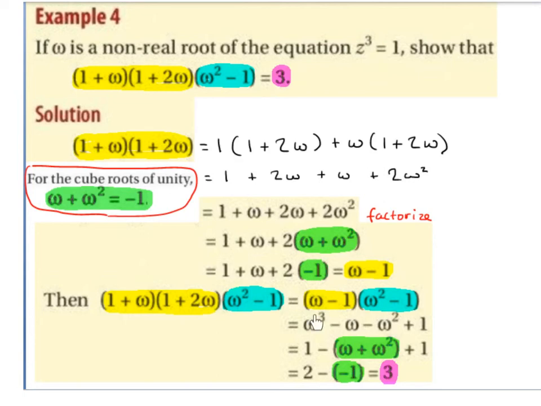So we just swap w cubed for 1. And then we have minus w squared. So we're going to factorize out the minus, and we have w plus w squared, and we bring down the plus 1. And notice that again we have w plus w squared, which we know is equal to minus 1. So we have 1 plus 1, which is 2, minus minus 1, which gives us 3. So we have shown that this is equal to 3.